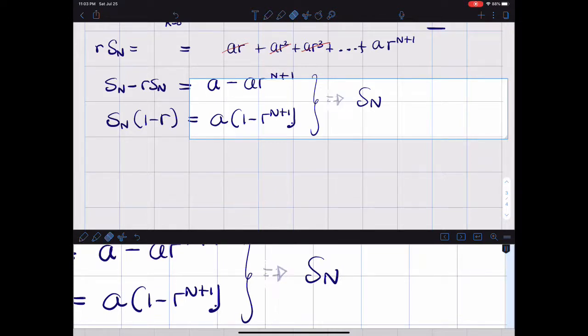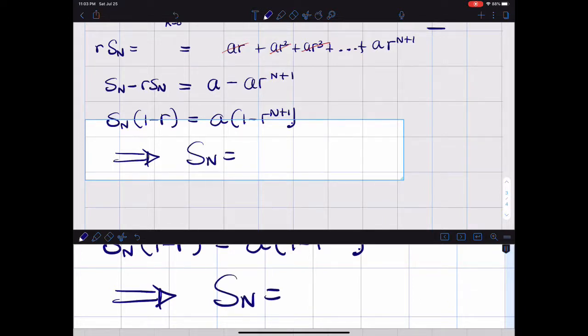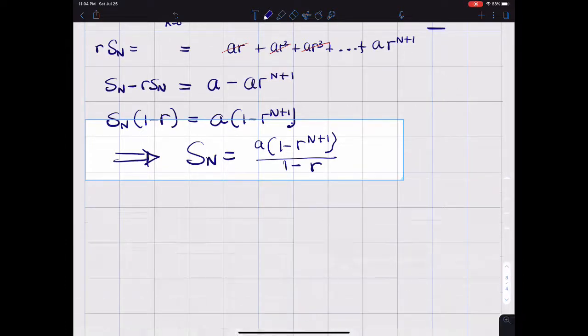If you divide both sides by 1 minus r, you get that Sn is equal to a times 1 minus r to the power of n plus 1, over 1 minus r. Okay, so this is our formula.